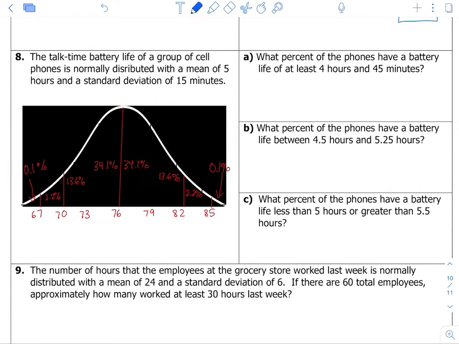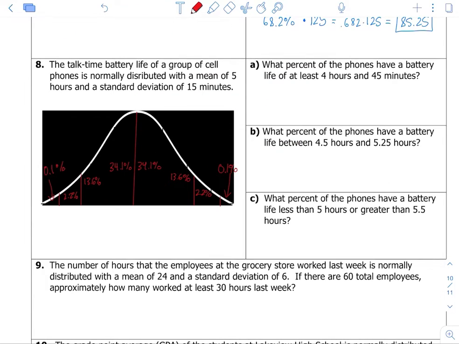All right, the only difference is now we have a different set of scores. It says a group of cell phones is normally distributed with a mean of 5 hours. So 5 hours, we're going to make that into minutes.